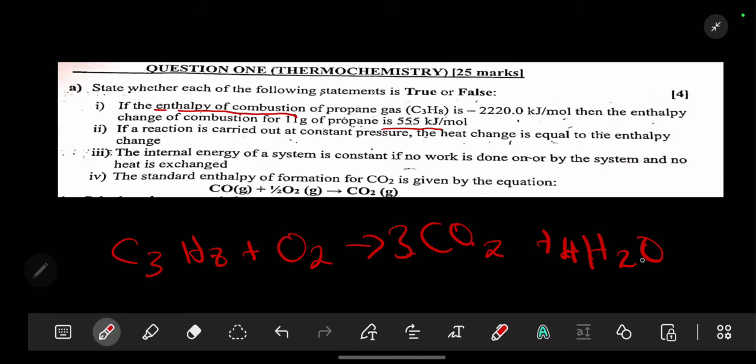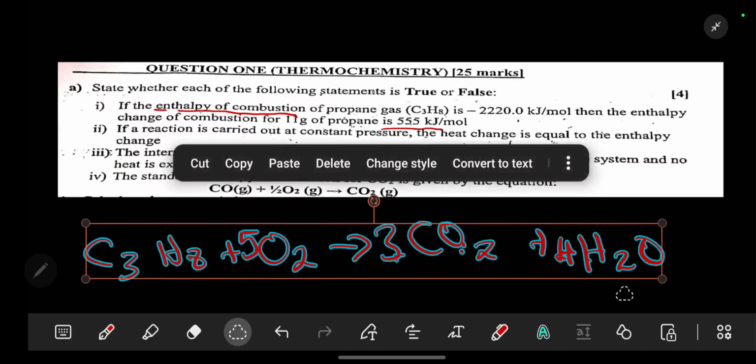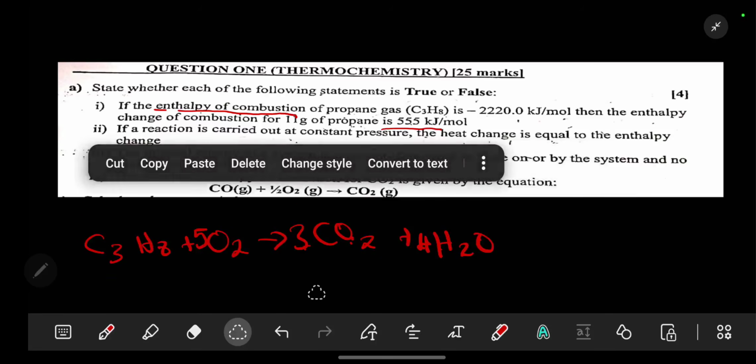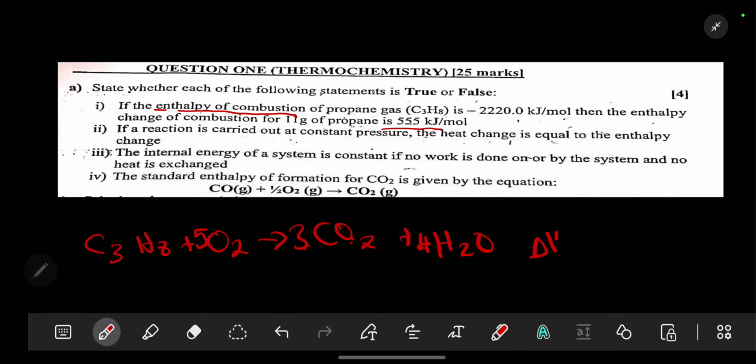To get to where we want, we just put a 5 here, because 6 plus 4 gives us 10. So this equation is the one that gives us the change in enthalpy, which is equal to negative 2220 kilojoules per mole.